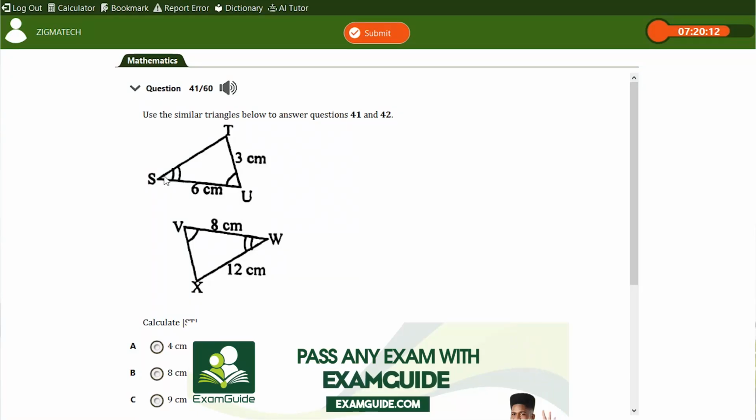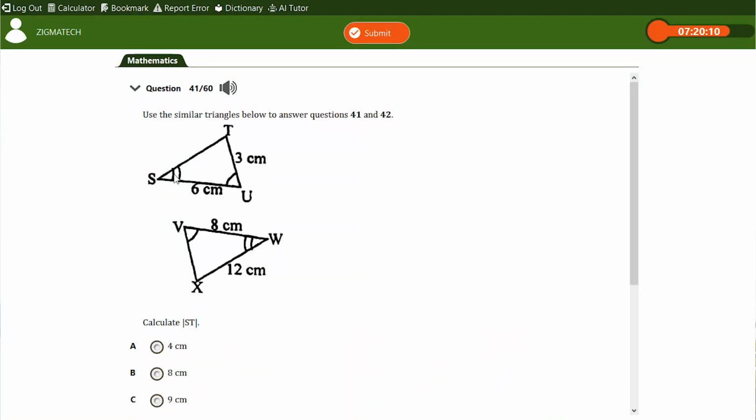That means that angle S is equivalent or similar to angle W in this second triangle, okay? So this one is similar to this, right? So if you have angle U in this other one here, angle U here is also similar to angle V. Can you see that now? So in the second one.